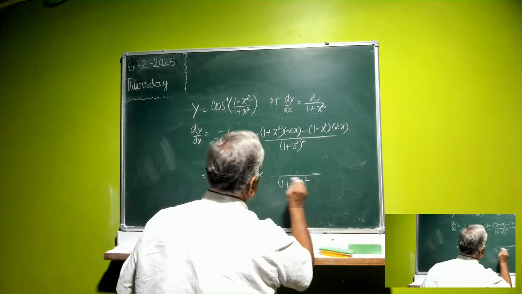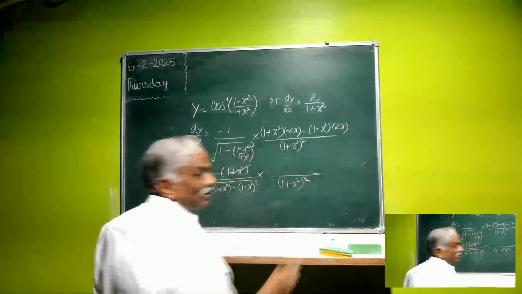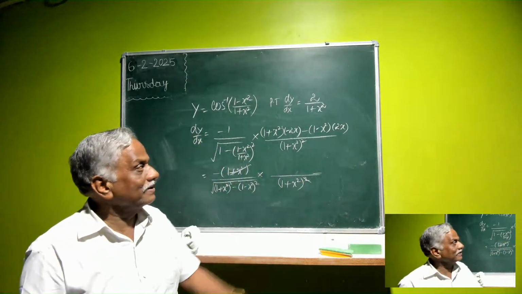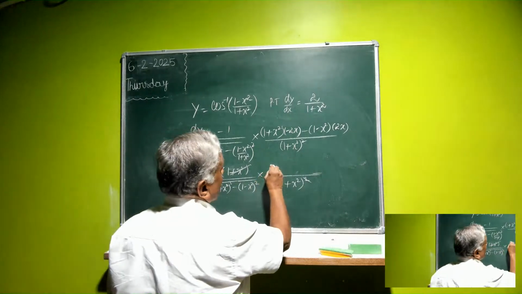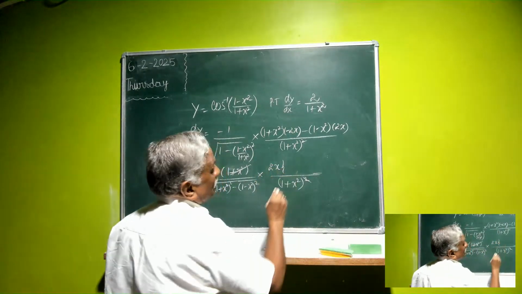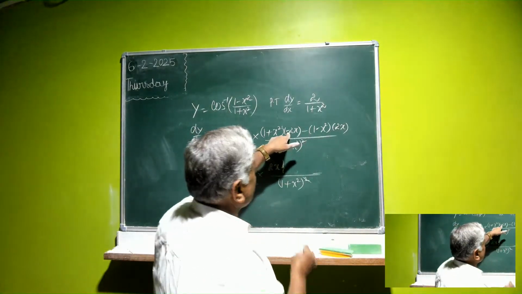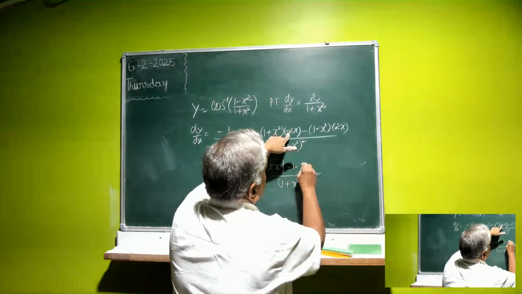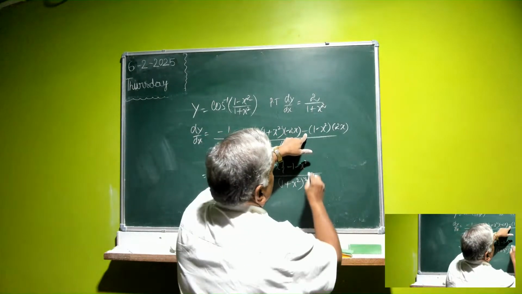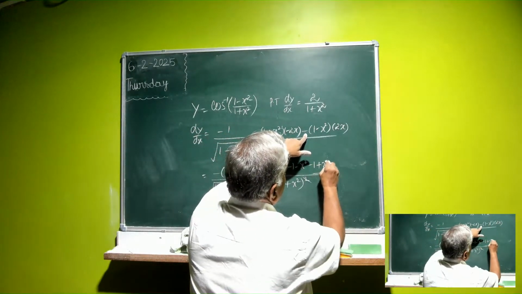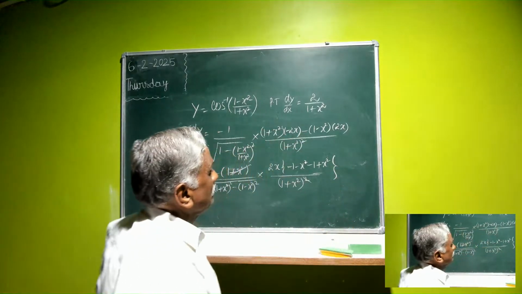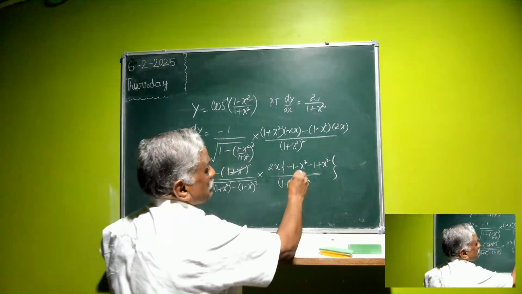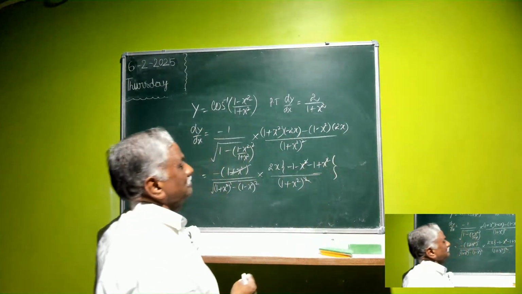So you can cancel 1 plus x square, and 1 remains here, because the whole square is here. Now you can take 2x as a common factor. 2x is here also here, but there is a minus sign. Minus 1 minus x square, this is minus 1 plus x square. So plus x square and minus x square cancel.